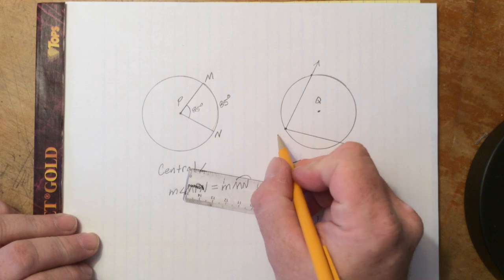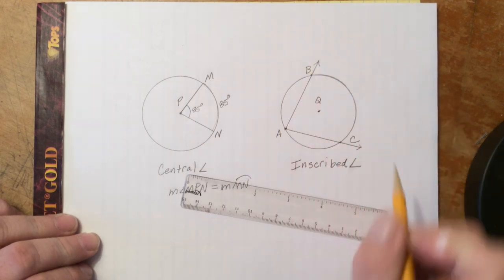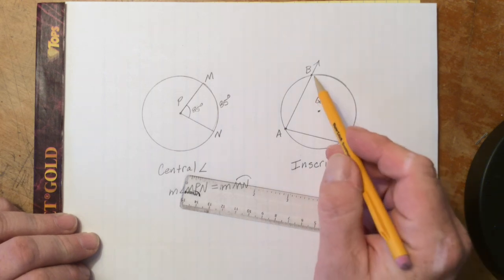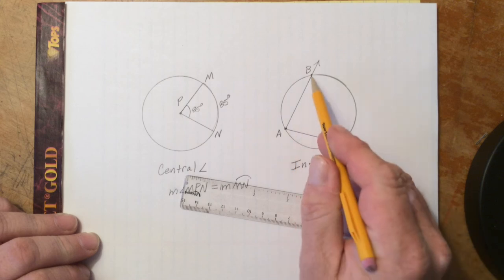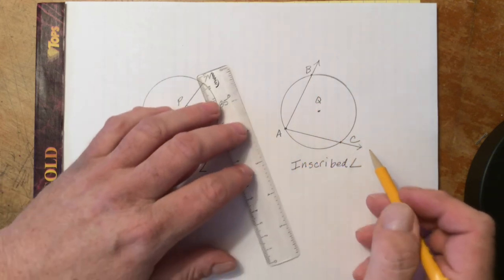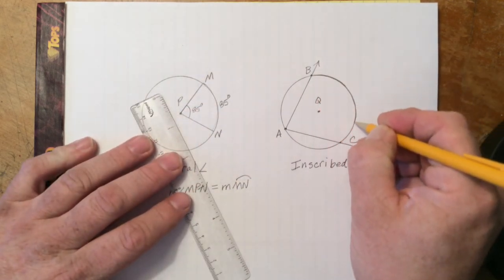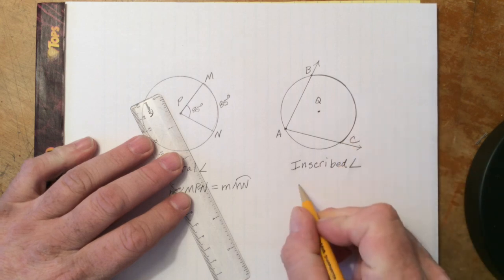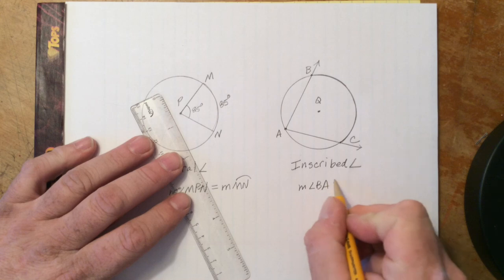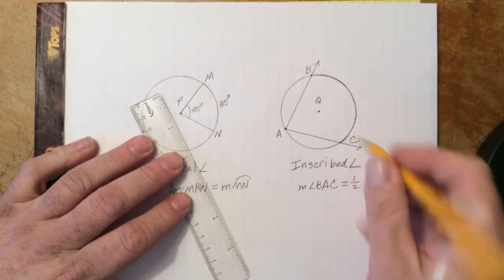Suppose these points were A, B, and C. You learned by the Inscribed Angle Theorem that this inscribed angle is always exactly half the measure of the arc that it intercepts, right here. So the measure of inscribed angle BAC has to be half the measure of arc BC.